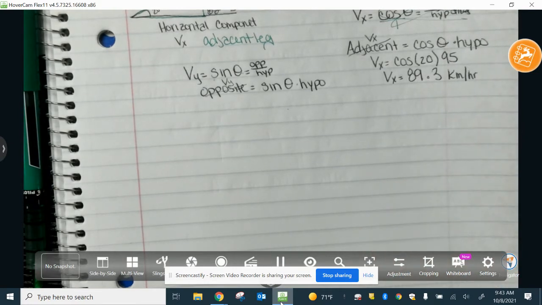So we are going to find the vertical and horizontal components of a helicopter traveling 95 kilometers per hour at an angle of 35 degrees relative to the ground. So it's very similar.